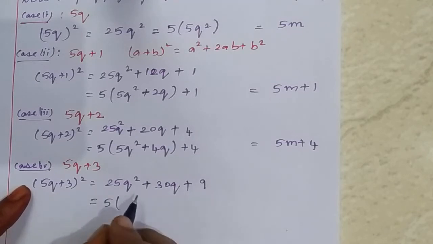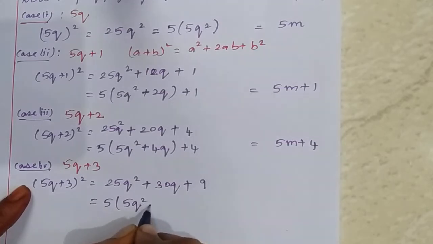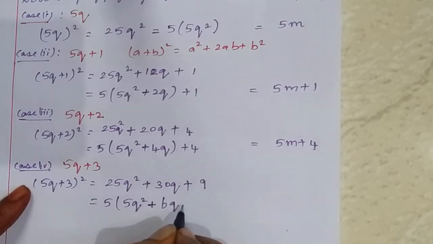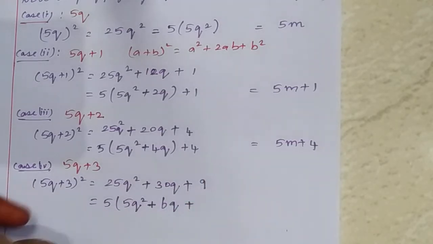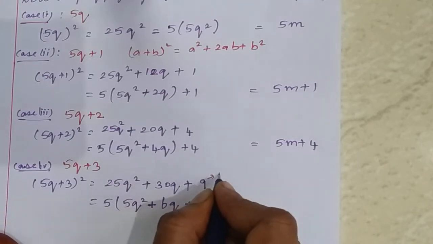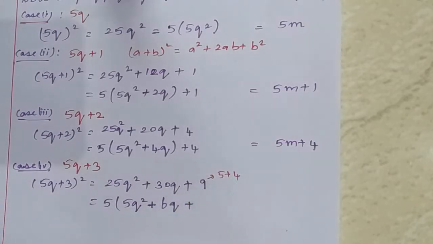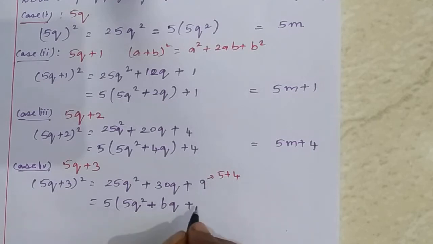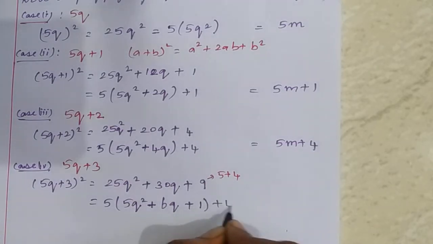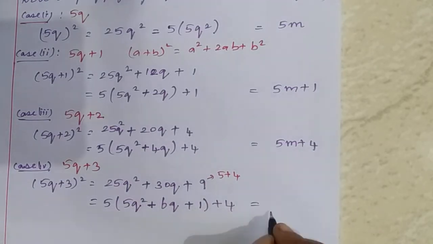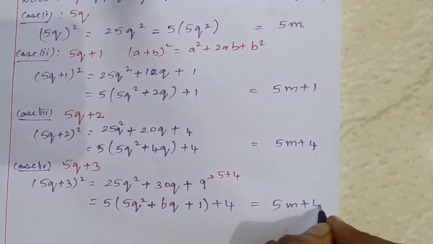By taking 5 as common, we get 5 times 5q square plus 6q, plus, here this 9 we can split as 5 plus 4. So taking 5 as common we get 1 here, plus 4. Since it is a multiple of 5, we can write this as 5m plus 4.